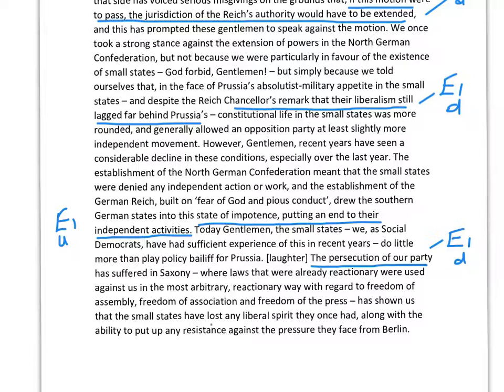And then at the bottom you've got the loss of any liberal spirit that the small states once had. And again, that's inquiry 1. That you could say is evidence of unity because the southern states are losing their independence. So there's quite a lot you can use for the first inquiry.